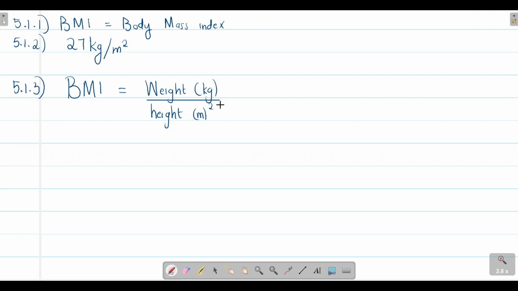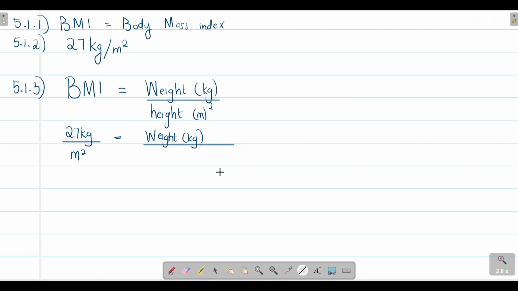Here we're going to substitute all the values that we already know. The BMI is 27 kilograms per meter squared. I'm going to write the per meter squared in this way so that you will be able to see which units are canceling. This is equal to your weight, which is the value that we want in kilograms, divided by your height.